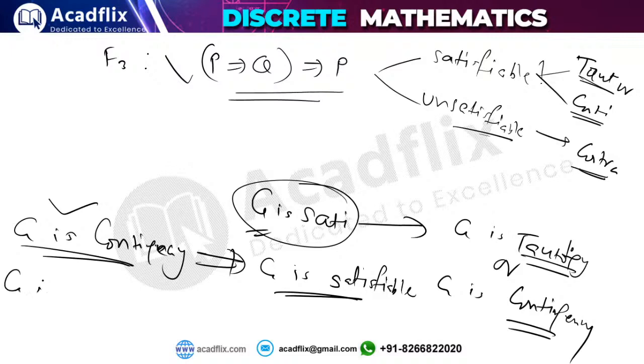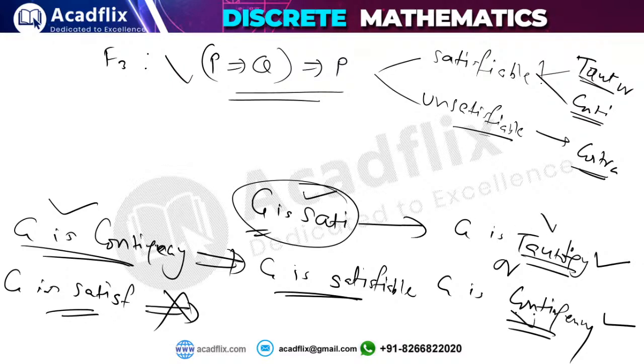But remember, if G is satisfiable, then you cannot say that G is contingency. Why? Because if G is satisfiable, then it can either be tautology or contingency. So satisfiable means tautology or contingency. If your formula is contingency, then it is satisfiable.